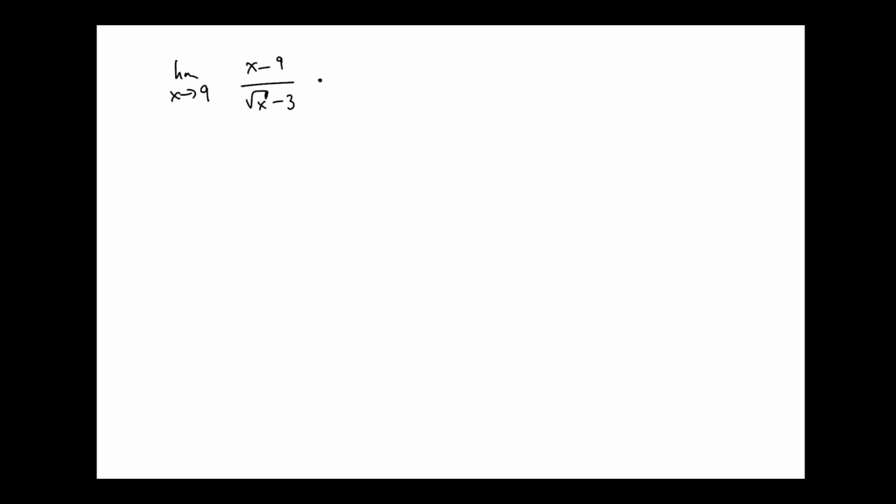So what is the conjugate of the denominator in this case? Right, square root of x plus 3. And if we're going to do that to the denominator, we better do the exact same thing to the numerator so that we're not actually changing the function. We're just going to change how it looks. Okay?